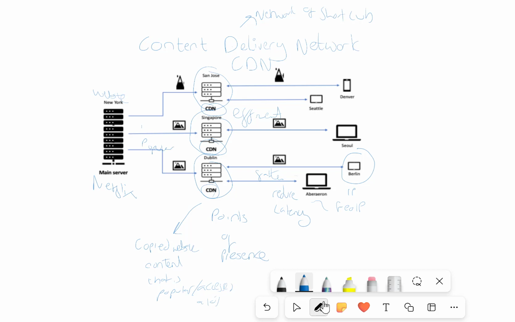But also, not only is it checking to see what's popular, it's also going to check, has there been any updates to our website? Main website New York, has there been any updates to the website? If yes, it's going to pump the updates to the CDN, it's going to pass them to them.